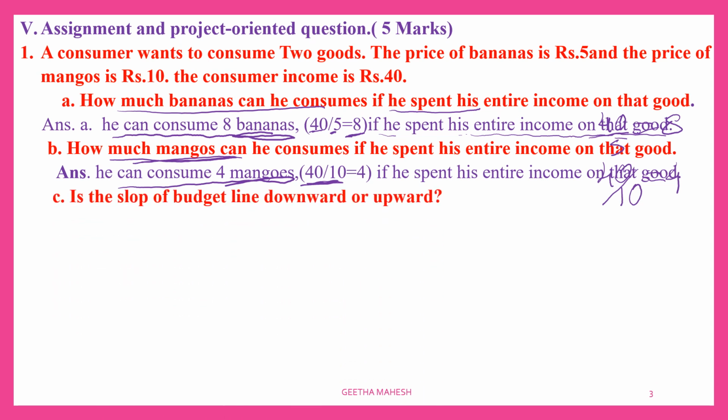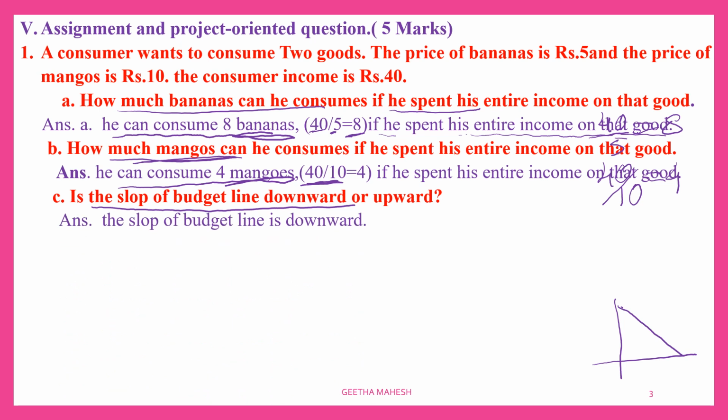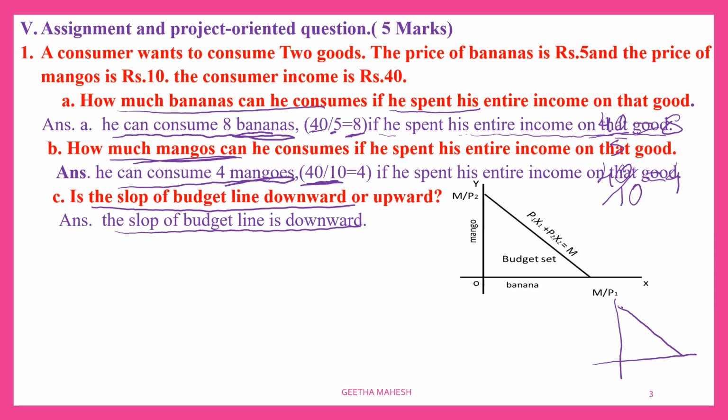Is the slope of the budget line downwards or upwards? Of course, the slope of the budget line always flows from left to right, downwards. You can see here the slope of the budget line is downwards.